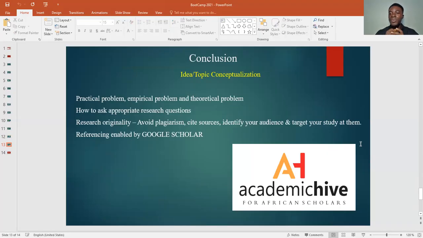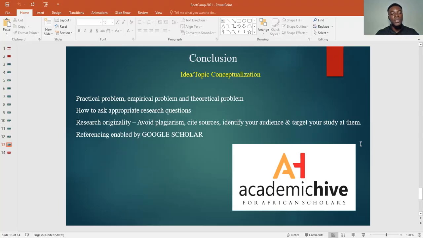I truly hope that participants at least have an in-depth understanding of how to conceptualize your statement or problem. Like we said, we have a practical problem, an empirical problem, and a theoretical problem. And we also talked about how to ask appropriate research questions using the how, why, and to what extent questions, always adding the qualifier significantly.